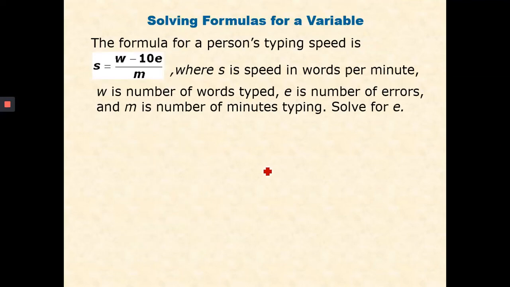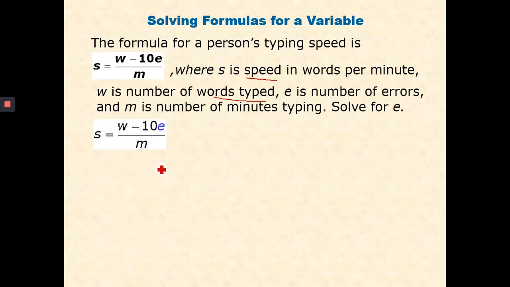Okay? The next one we have here, solving formulas for a variable. The formula for a person's typing speed is equal to S equals W minus 10E over M, where S is the speed in words per minute, W is the words typed, E is the number of errors, and M is the number of minutes typing.